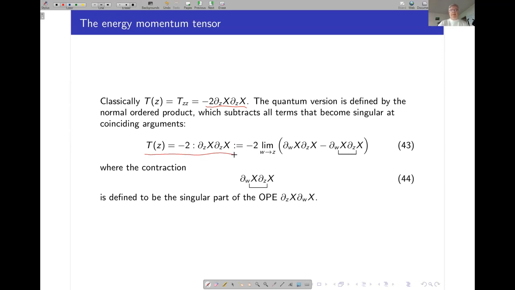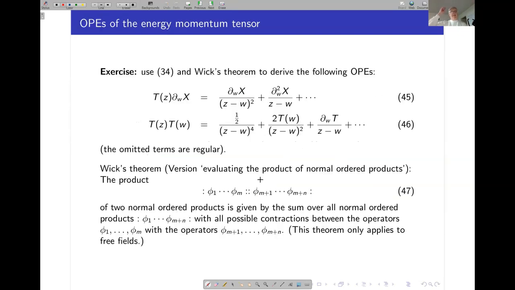That means we take the product, we subtract the singular terms, and then the limit is finite. And the singular part of the operator product, which is denoted with this contraction symbol here, is the contraction which you might have encountered in quantum field theory also in other formalisms. Here we define it this way.